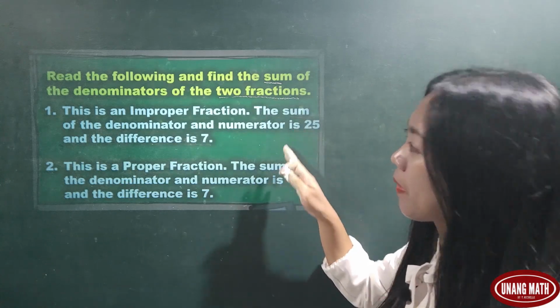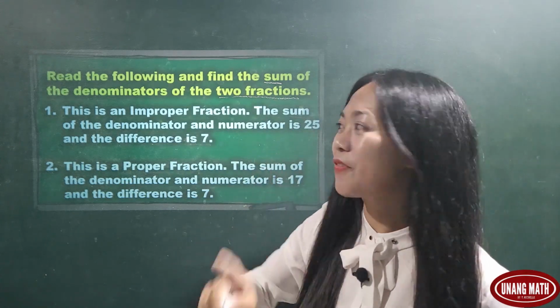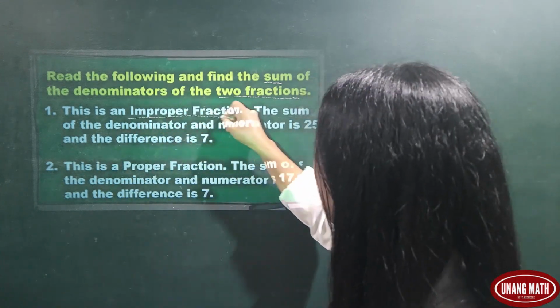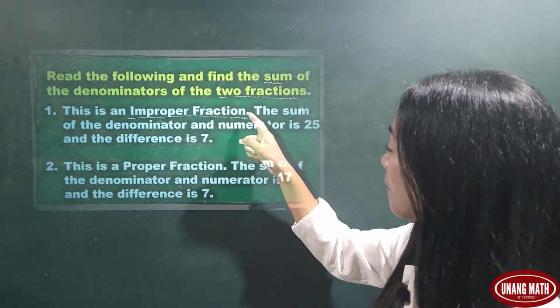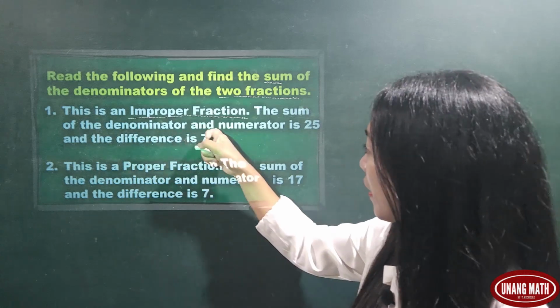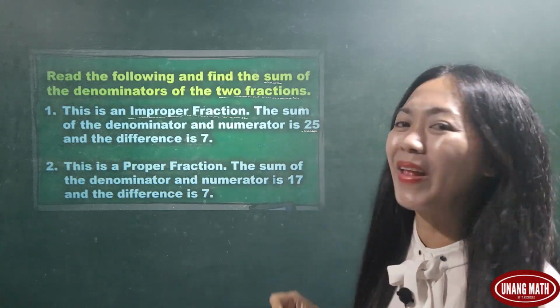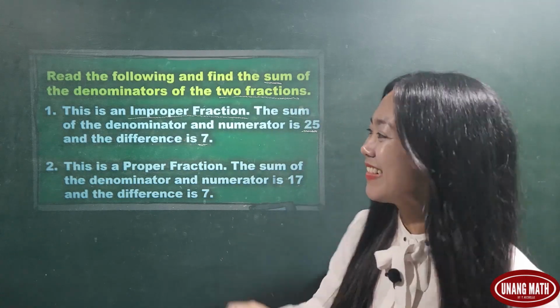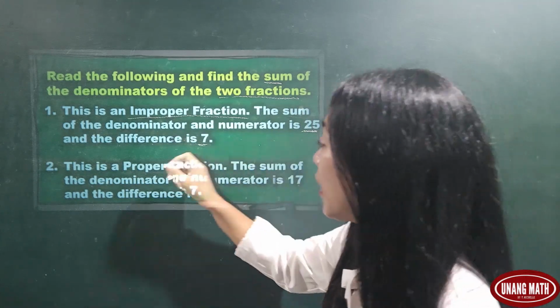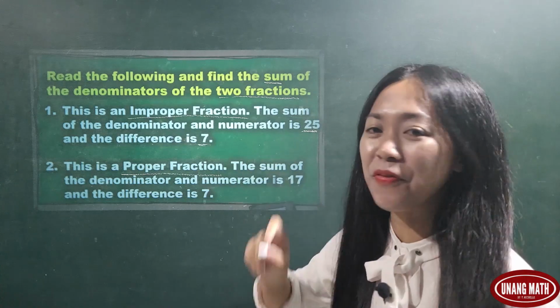And according sa problem na ito, ang first na fraction is an improper fraction. Ang improper fraction na ito, ang sum of the denominator and numerator ay 25, at ang difference ay 7. Okay, pangalawang fraction, ito naman ay proper fraction.